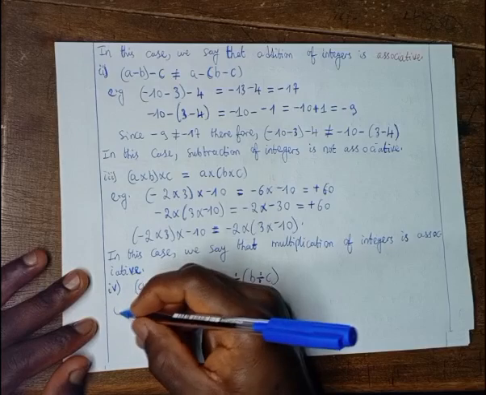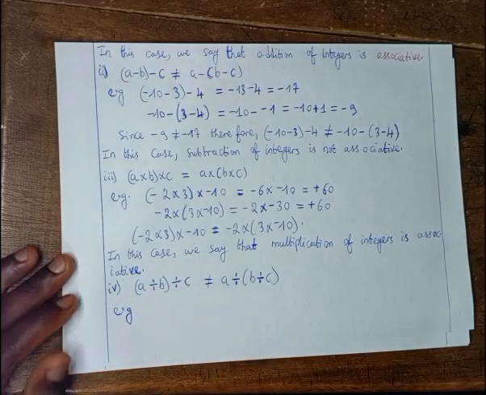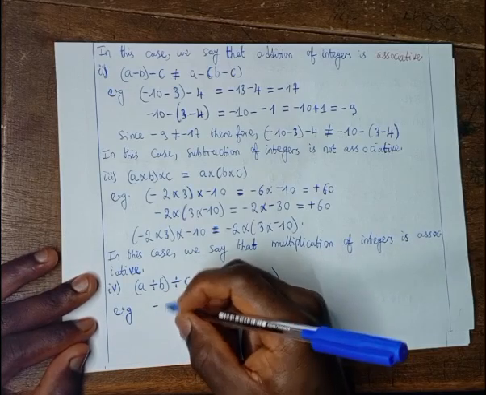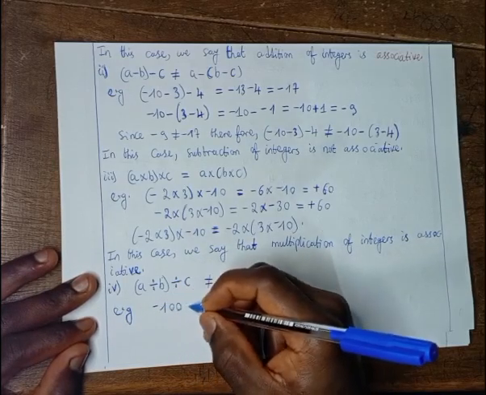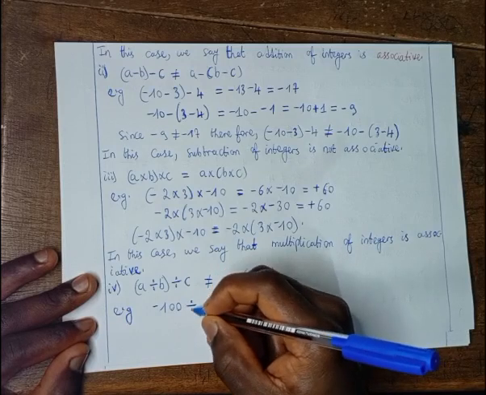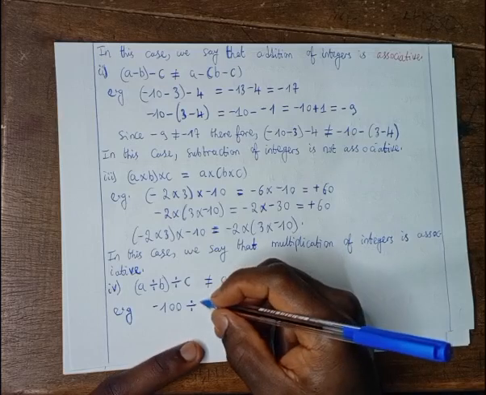Let's take, for example, negative 100 divided by, let's divide negative 100 by 2.